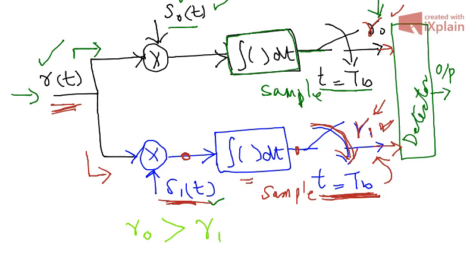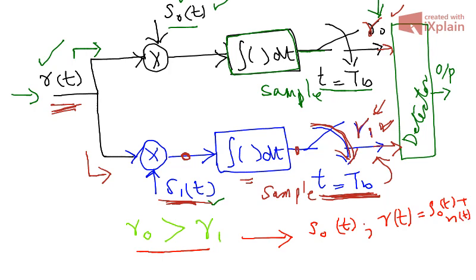If the detector finds that r0 is greater than r1, then it decides in favor of S0, and it declares that your received signal is S0(t) plus n(t).